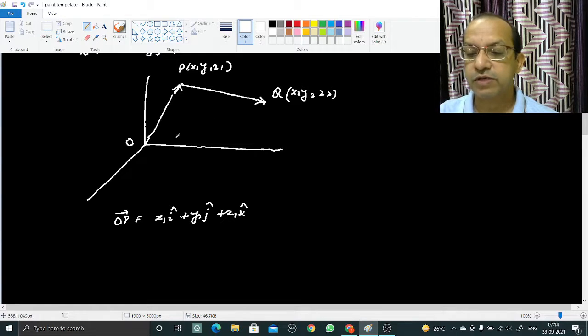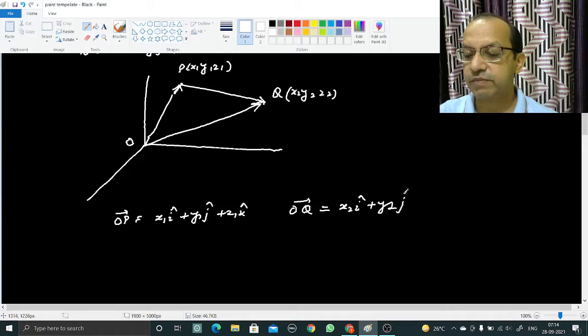I also know the position vector of Q can be written as OQ, which equals x2 i cap plus y2 j cap plus z2 k cap.